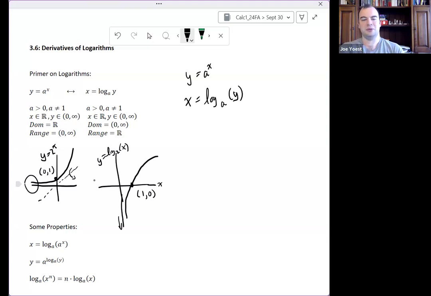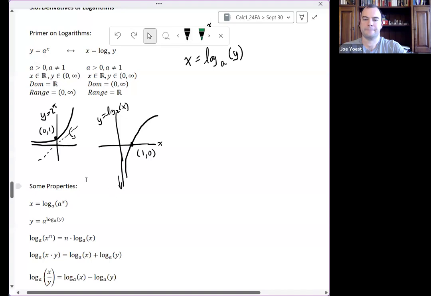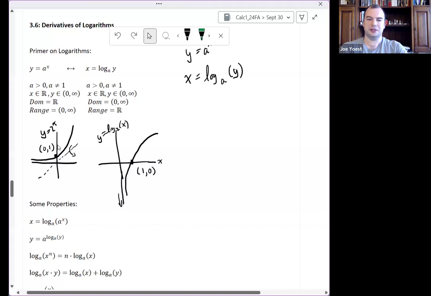That's what happens with the horizontal asymptote on, say, y equals 2 to the x when we flip it over the line y equals x. So again, kind of a crash course. You can play around with different bases and see how they look on your calculator or just by writing them up by hand.